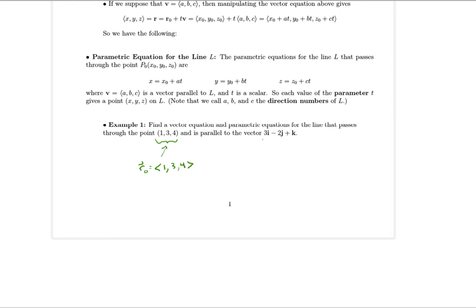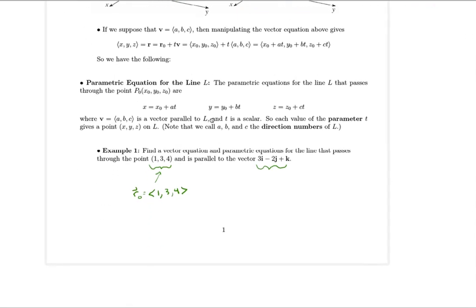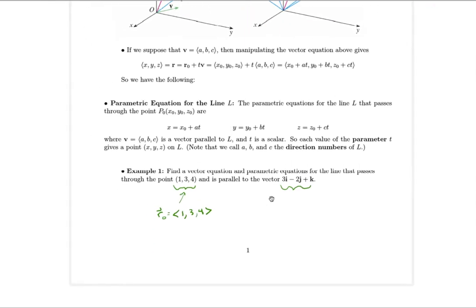And then being parallel to this vector means that's our direction vector, right? Go back and look at the diagram. The line is always parallel to whatever the direction vector is. So that is going to be our direction vector: v is equal to 3, negative 2, 1.